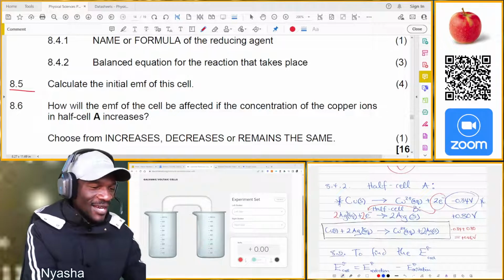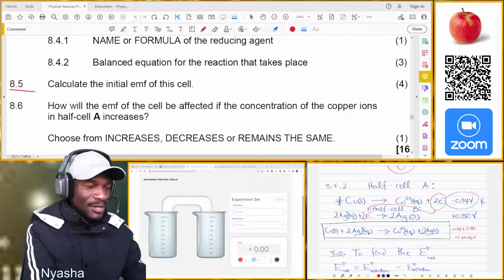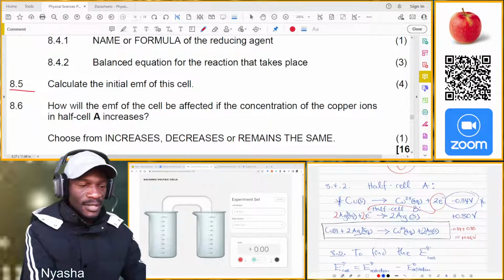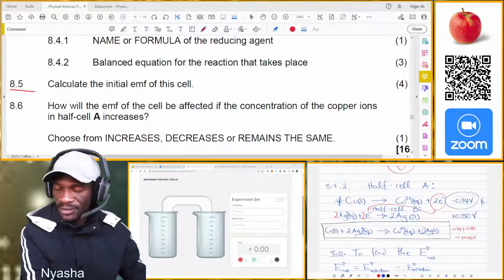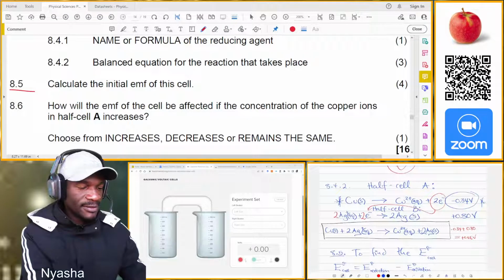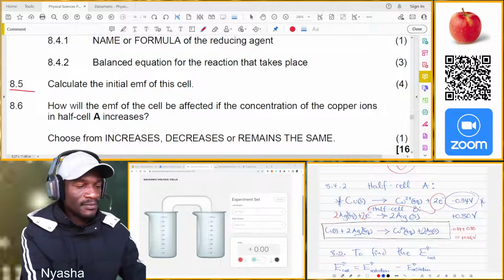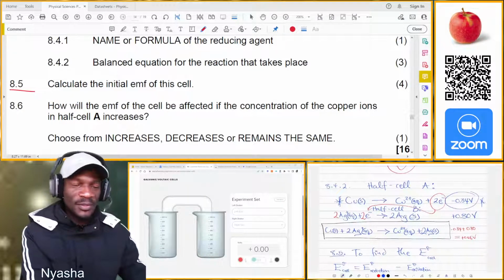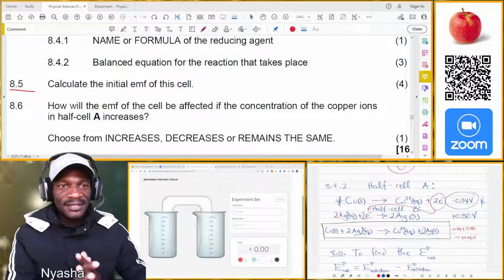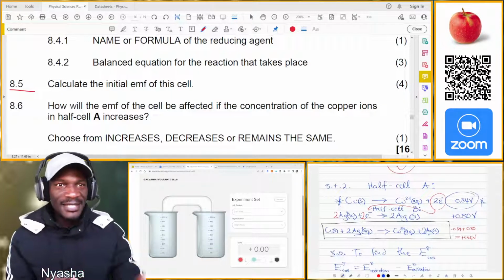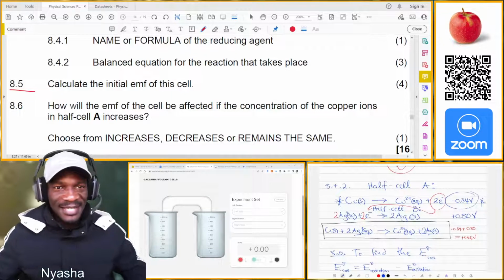So try out our galvanic cell set up on this tool. Try out our galvanic setup on this link. So let's just send you that message.